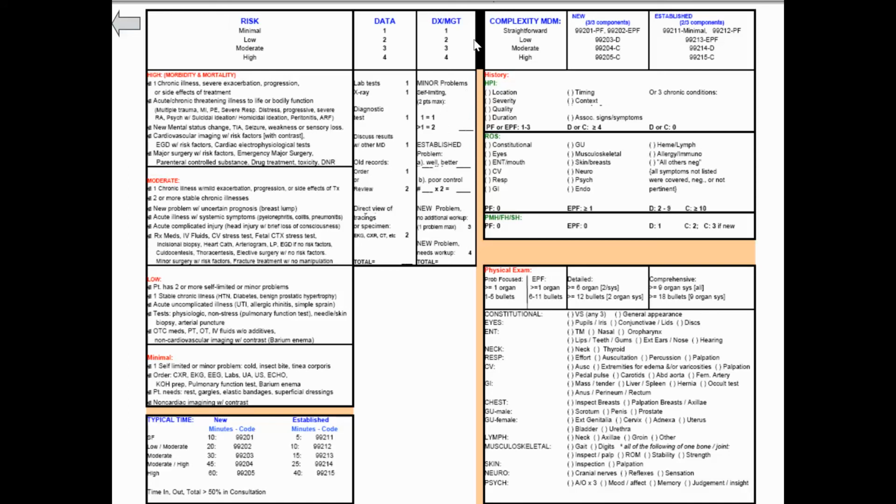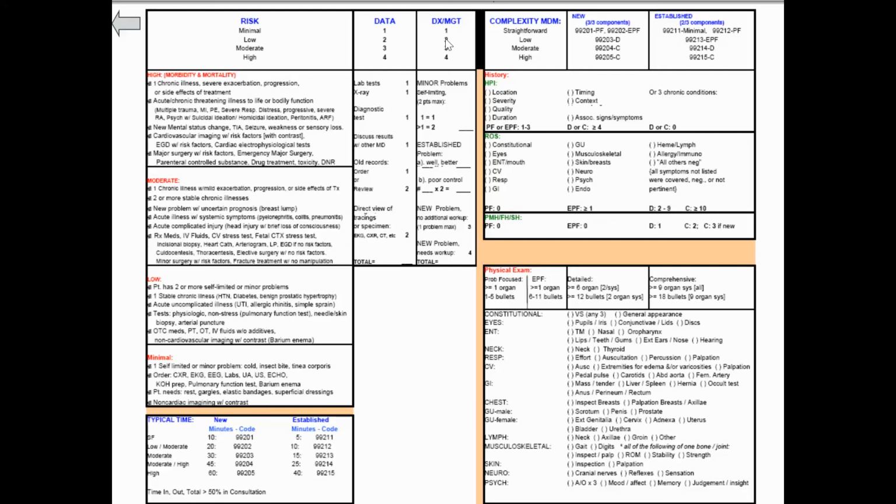It might not change the code. But let's say somebody comes in with one problem that's stable, or maybe no established problems, and they just ask you zillions of little questions. Yeah, you could give yourself 2 points for just talking to the patient and answering little questions. You could say multiple minor problems discussed, give yourself 2 points there.